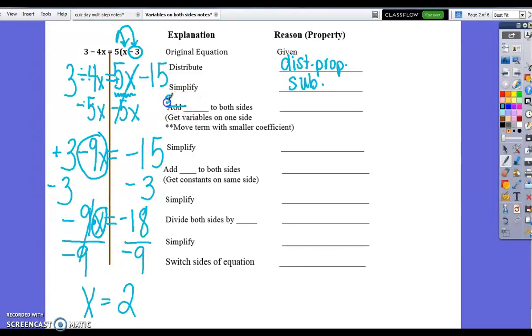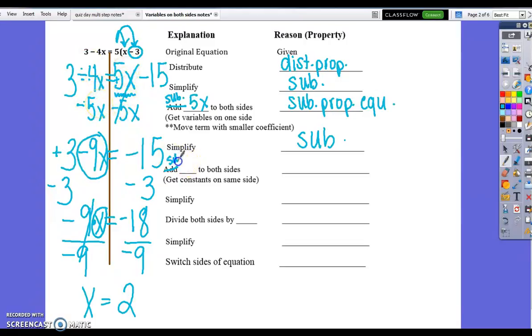So I'm going to say we subtracted 5x to both sides, which is the subtraction property of equality. Simplify, substitution. Then we added, so again, this is all kind of backwards because the instructions are me moving the -4x over here instead of the 5x over.